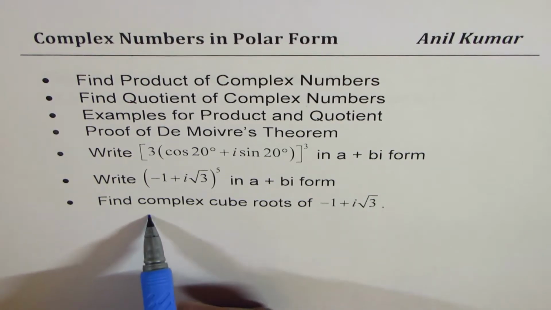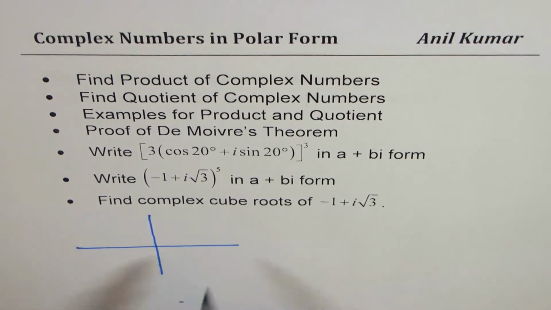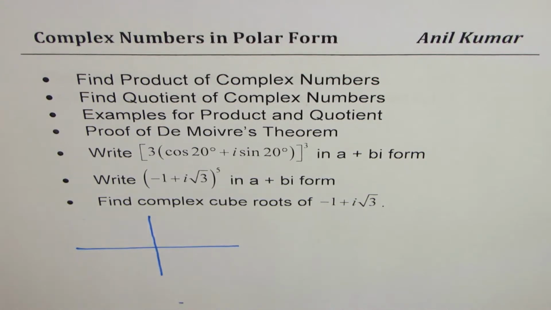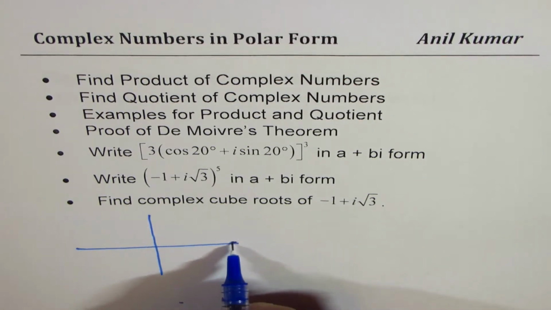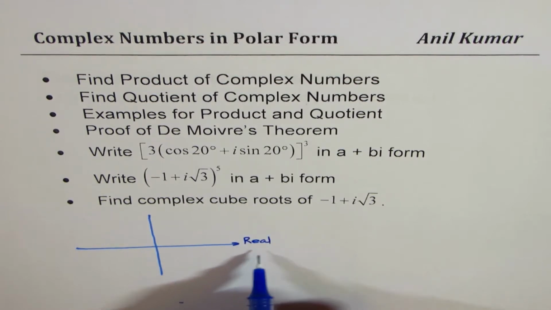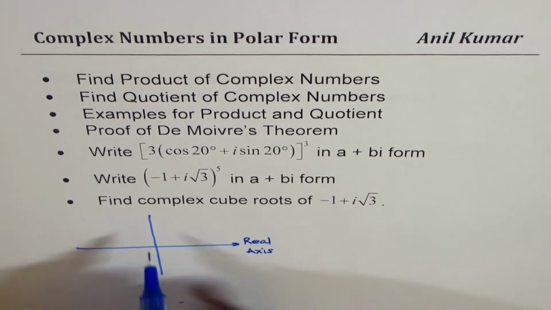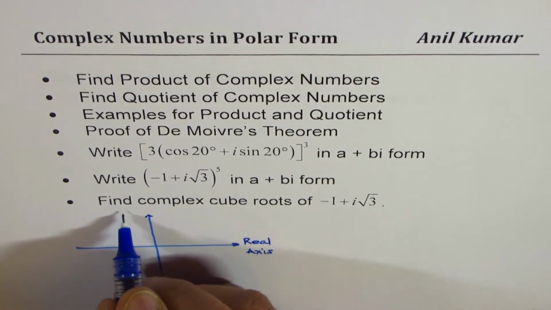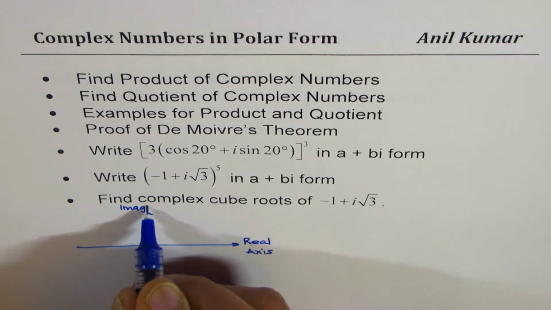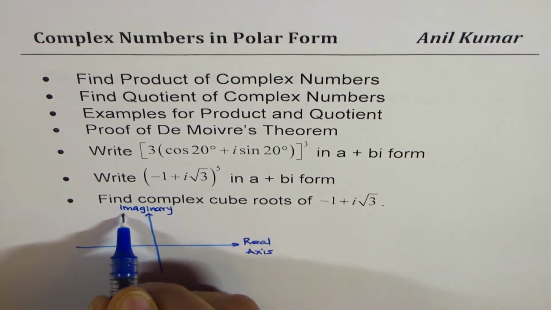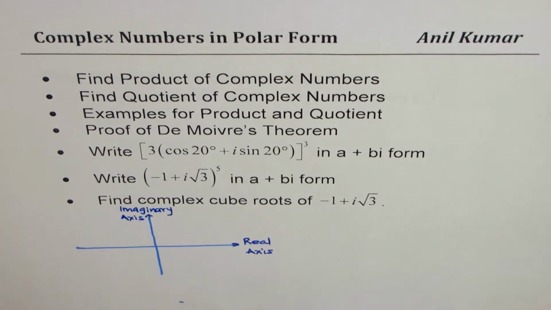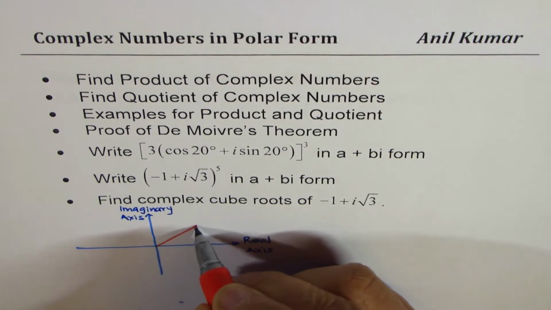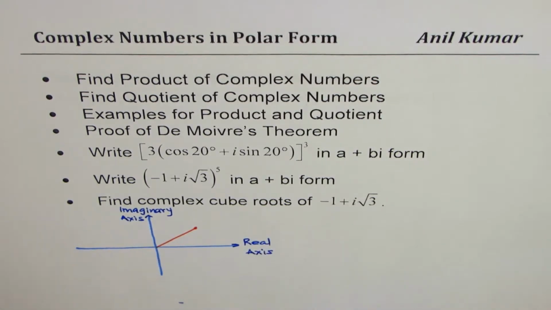So let me just remind you that in the complex plane, along the x-axis, we call this the real axis, right? And the vertical axis is called the imaginary axis. Now any point in this complex plane could be represented by numbers in complex form or also in polar form, right?